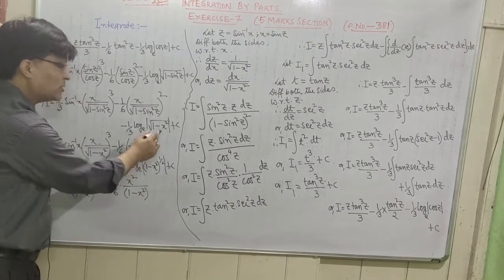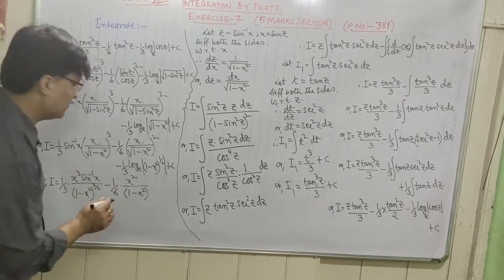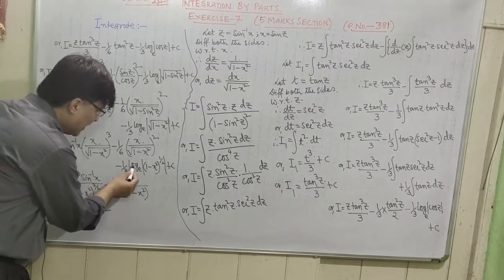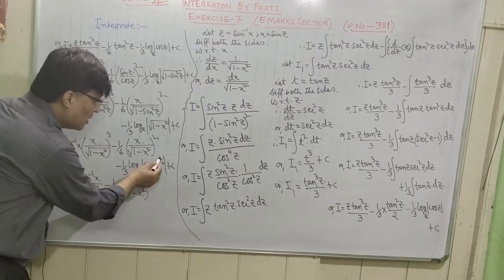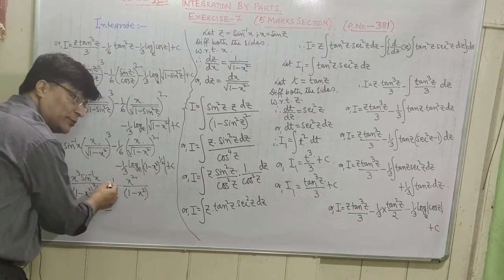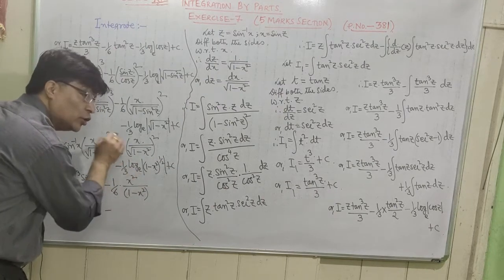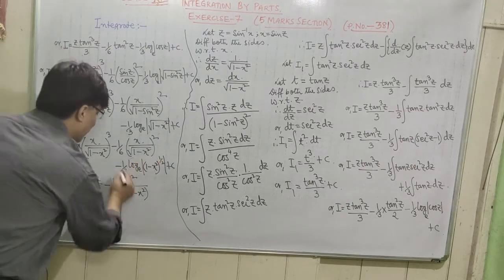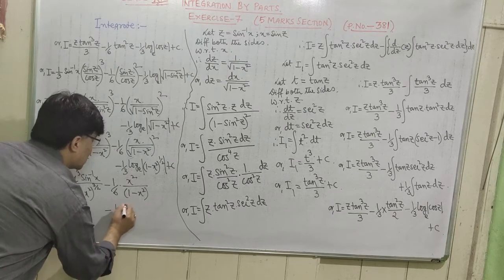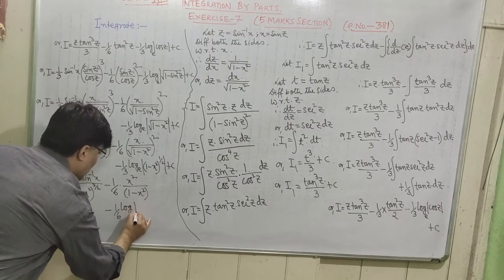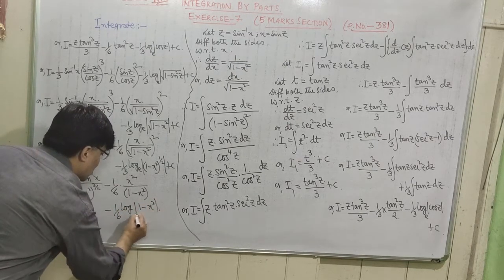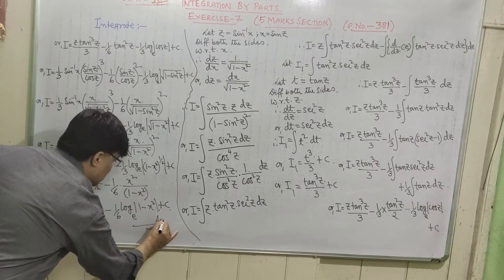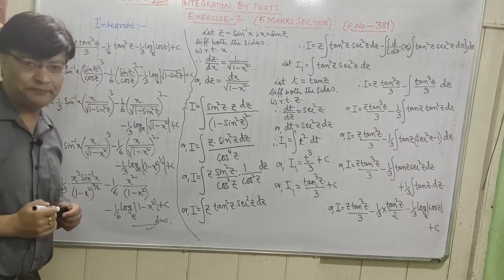So that is root over 1 minus x square, whole square is 1 minus x square. Minus, now because of this log, using properties of logarithm, this power half becomes a coefficient. So half into minus 1/3, that is 1 by 6 log within mod 1 minus x square, the base is e, then plus c. So this is the final answer.